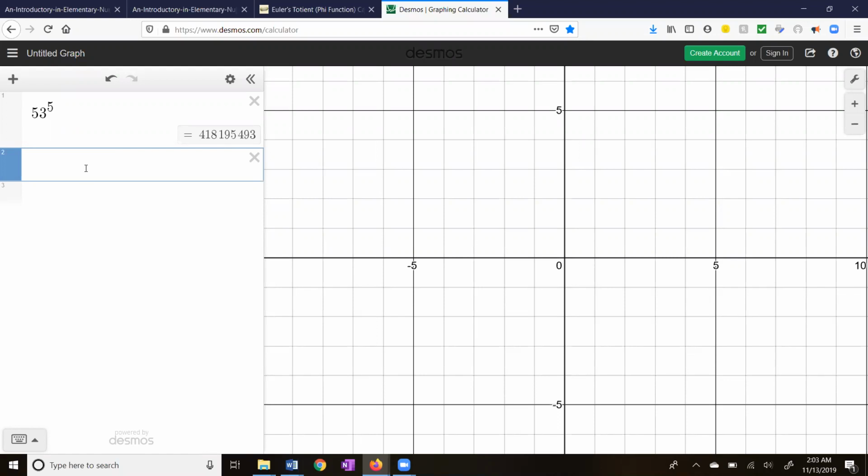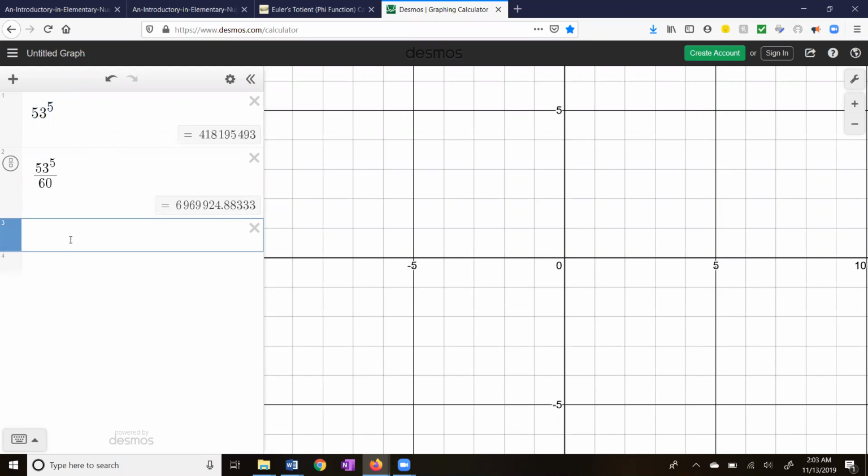I'm doing this mod 60. So I need to take this, let's see if I can copy this. Good. And I need to divide this by 60. And I get this number and change.